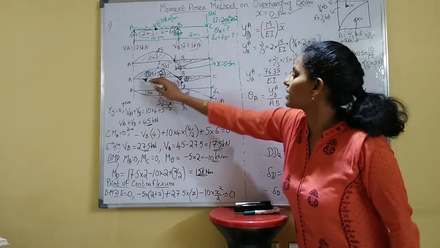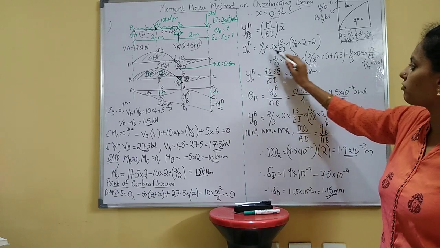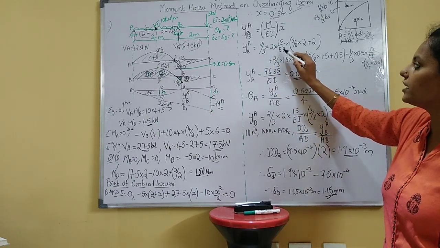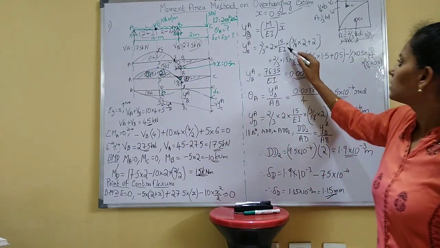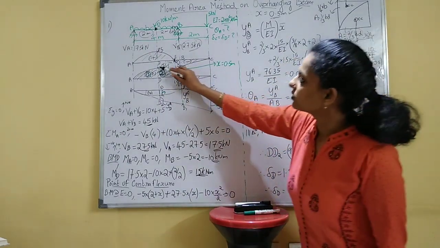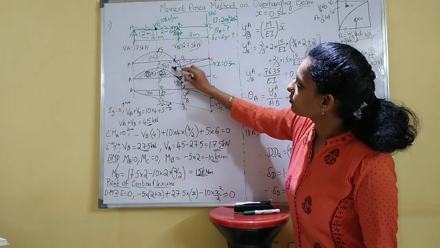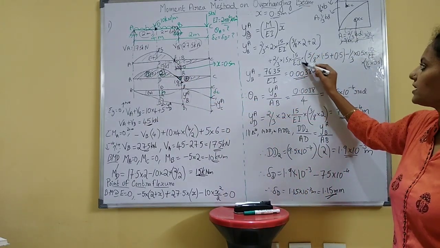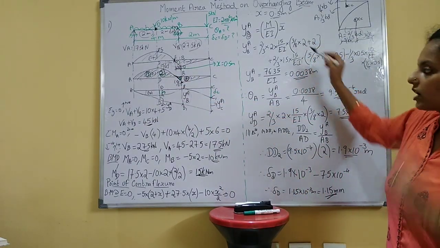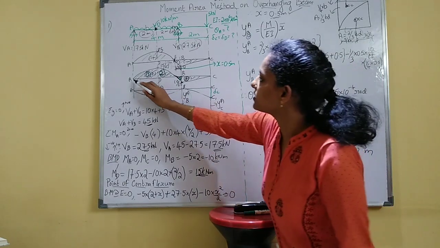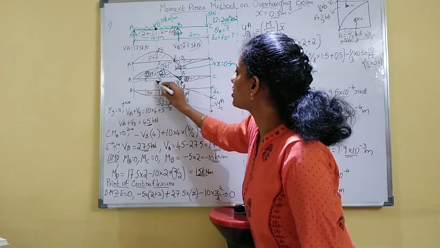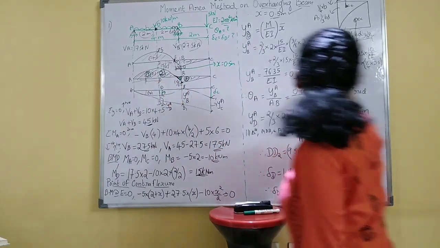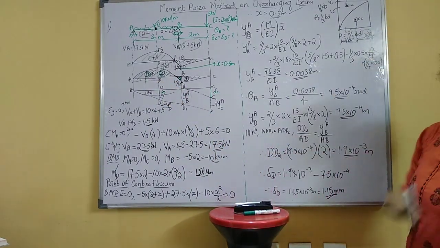So first, this area is 2/3 of BD, 2/3 into B into D. B is nothing but the distance, that is 2 meter, into this height, which is 15 by EI. So 15 by EI into the perpendicular distance. For this distance, we have 5/8, but we want the other side, which is 3/8.